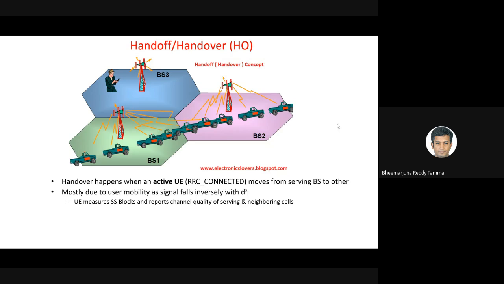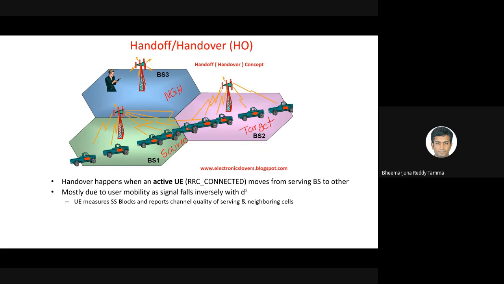Here, it not only listens to the channel quality of the currently attached base station, which is also called the source base station, it also listens to others. In this case, this one is the source base station and this is the target base station. We also have one other neighboring base station here, so we have three base stations.